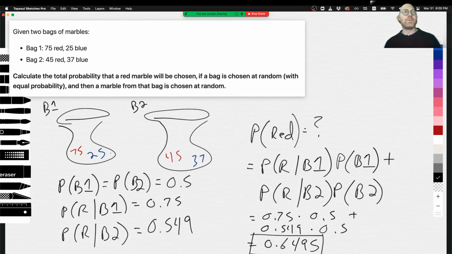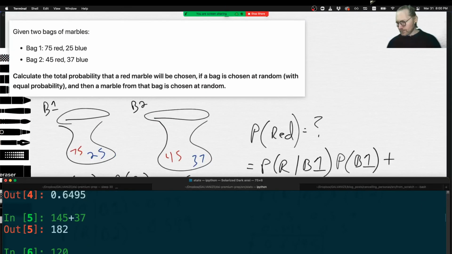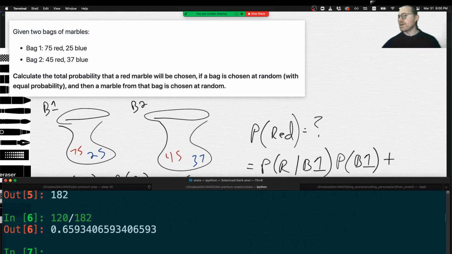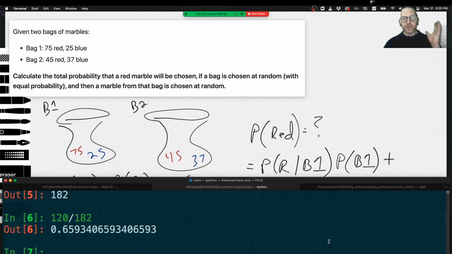We could just divide 120 by 182, and why wouldn't we just do that? This is a slightly different number than what we're seeing here. We're seeing this 0.6495, but it's not so different.